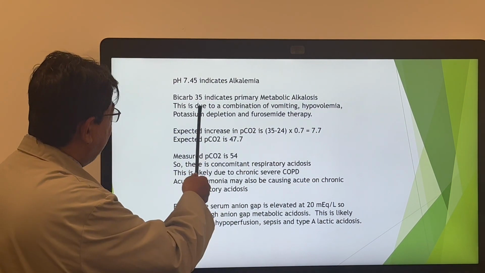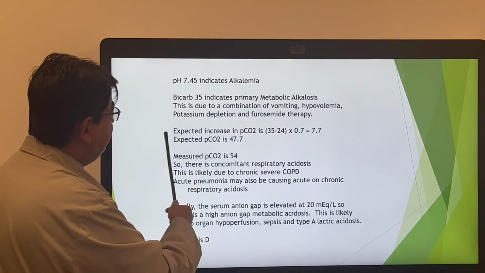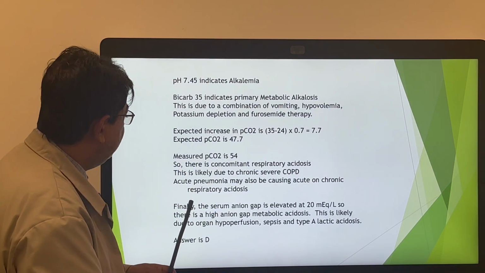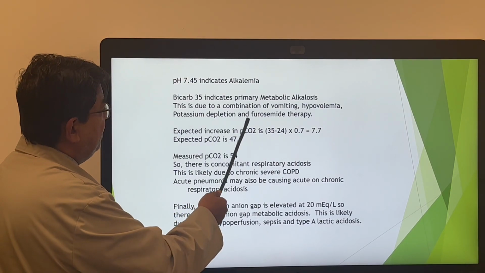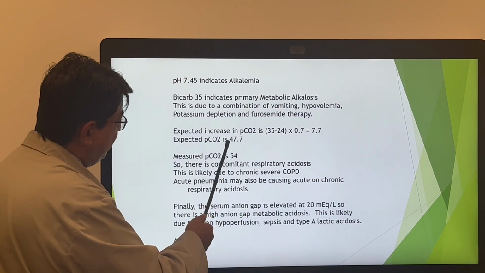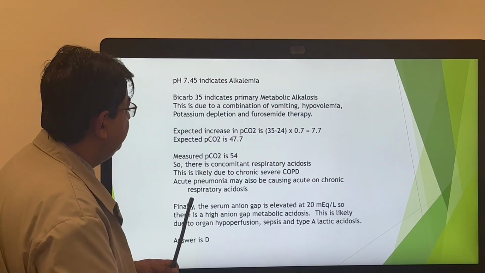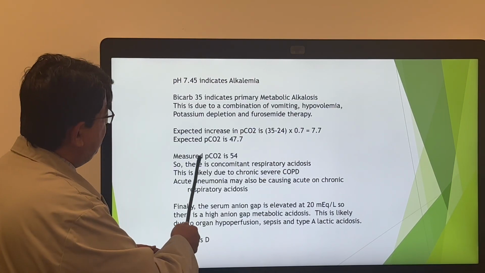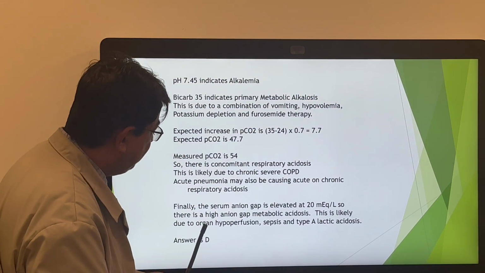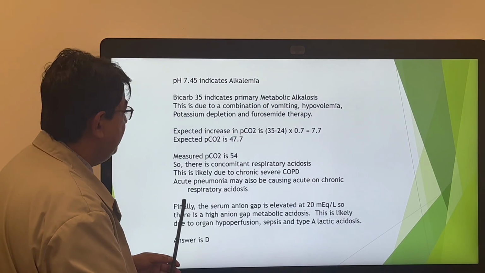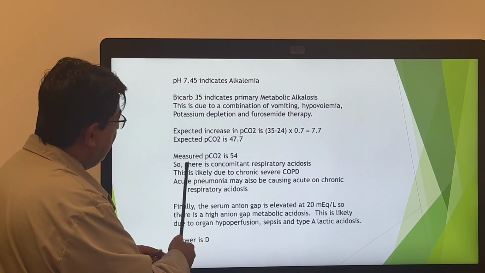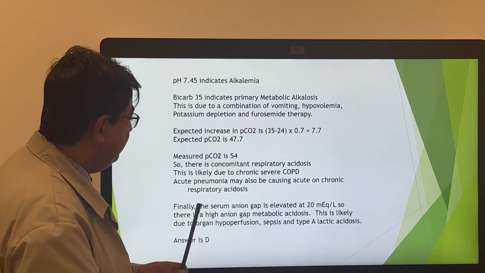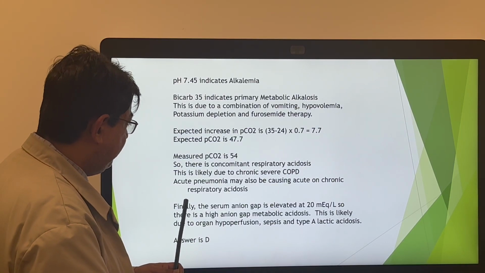So these steps are relatively easy, and the expected adaptation is also relatively simple. You would expect PCO2 to be about 47.7. And the measured PCO2 is 54, so there's a concomitant respiratory acidosis. This is likely due to chronic severe COPD, and acute pneumonia may also be causing acute and chronic respiratory acidosis.